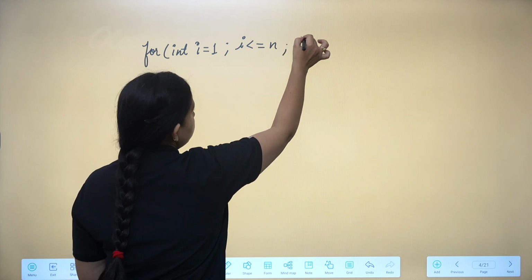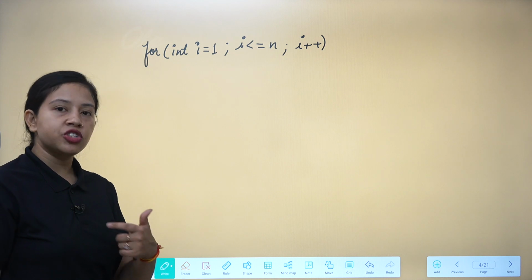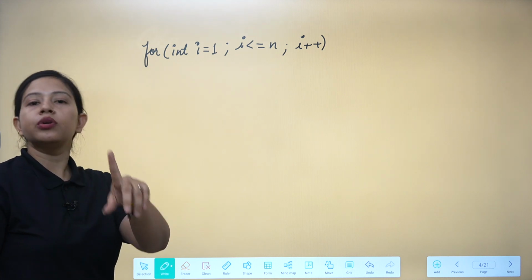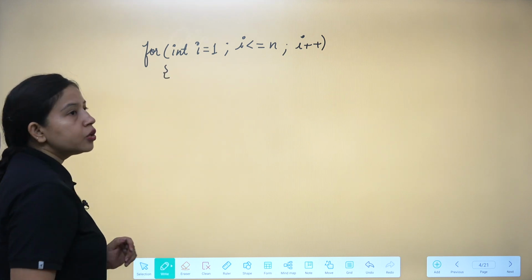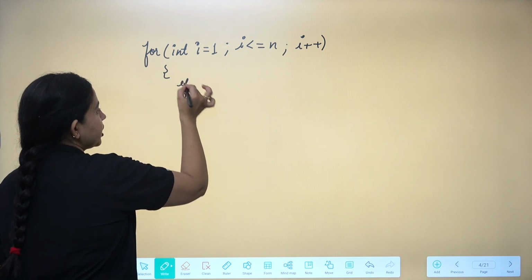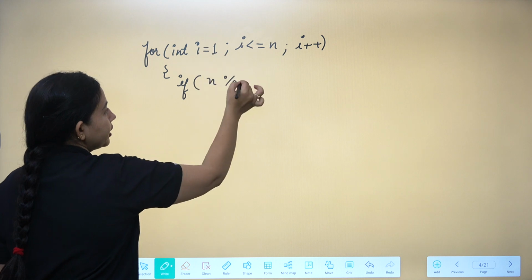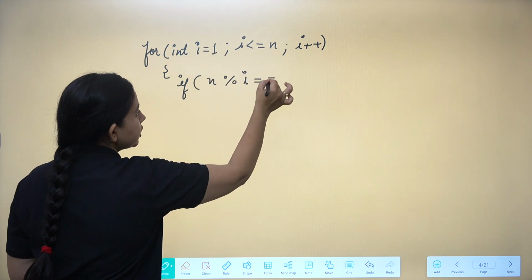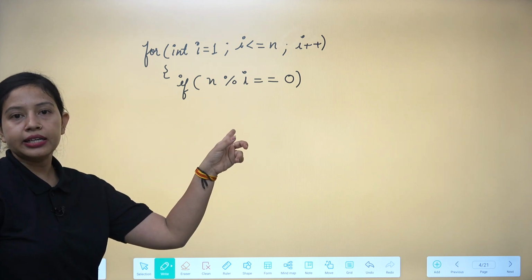If you don't want to run the loop till that value, then you need to check that this time you will get only one factor. Alright, this thing has to be clear. Now it's time to provide the condition that we need to check. If the number modulus the variable gives you remainder 0, that is a factor finding condition.